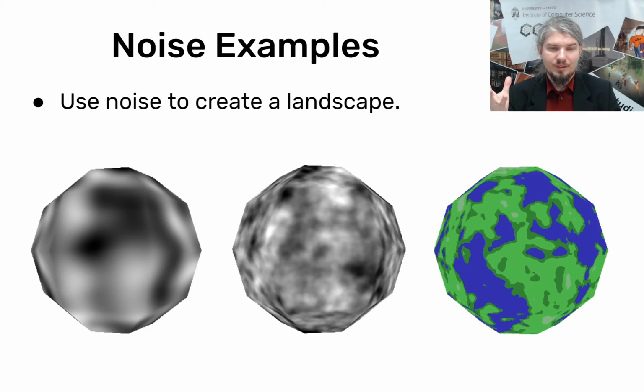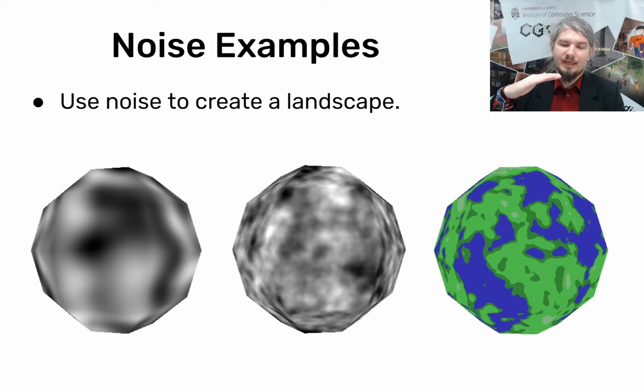Other things you can do with noise is, for example, you can use it to create a landscape on, let's say, a planet. So you take some noise, you mix together different layers of noise, just like we did before, and then you can color your planet surface according to the value of the noise.